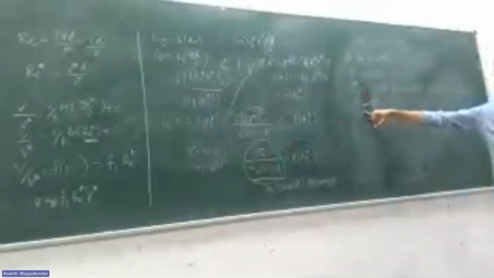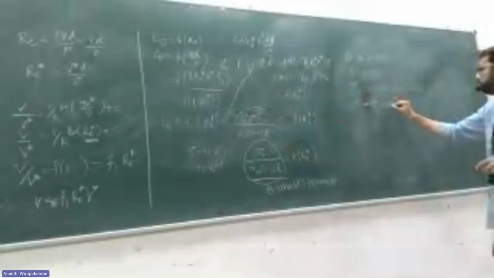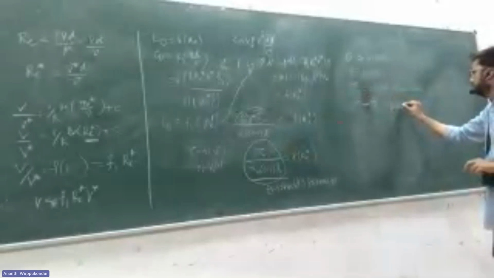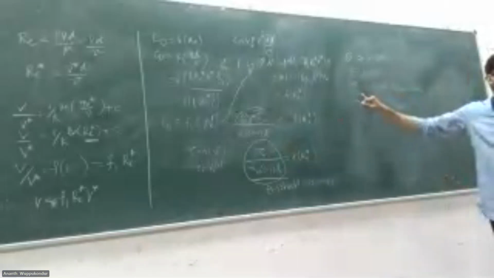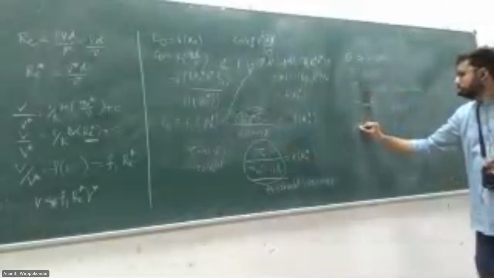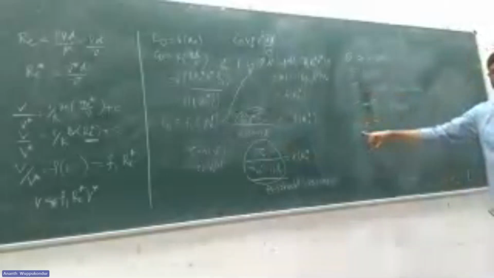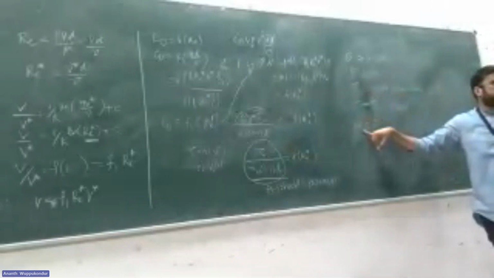So what happens if tau is more than tau c? So there would be erosion. And what is the expression for shear stress? You might have derived this in open channel flows. Gamma R S. So R is the hydraulic radius, and S is the slope of the channel.